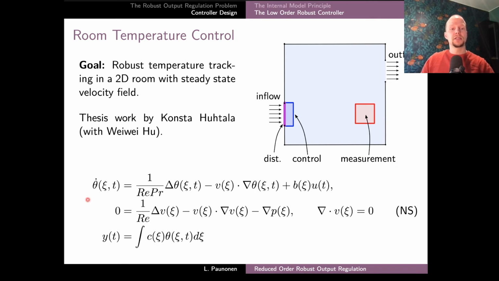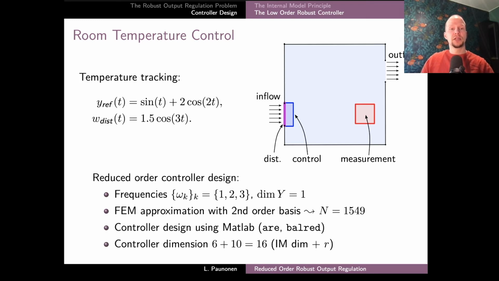In this case, the temperature can be modeled by a diffusion-convection equation on the first line with the control input, and the velocity field V is determined by the incompressible steady-state Navier-Stokes equations on the second line. And finally, the temperature measurement is the average integral over the red square.